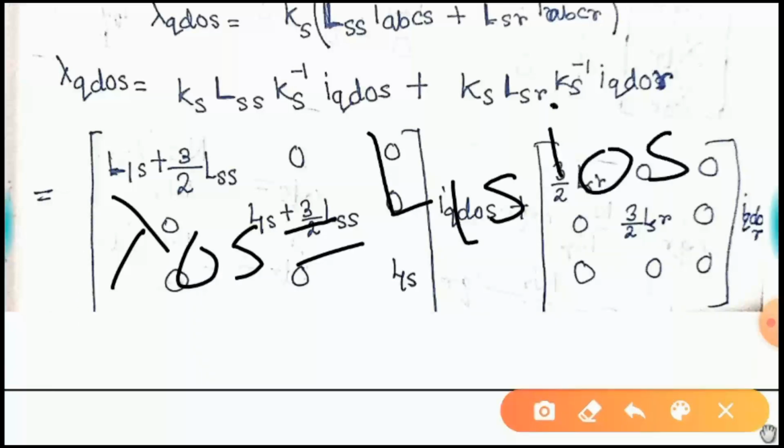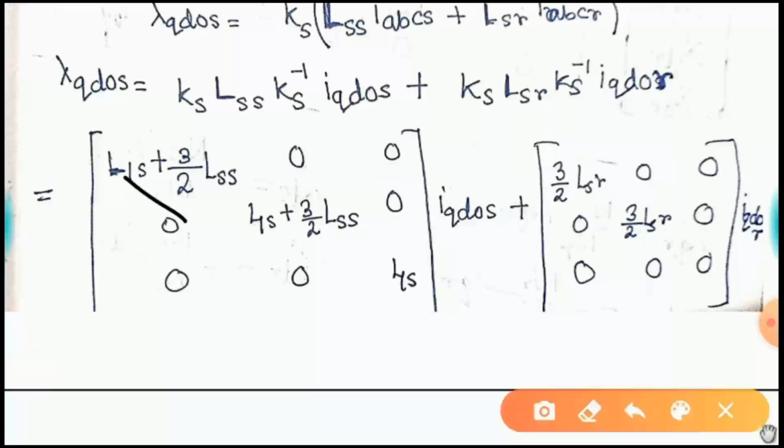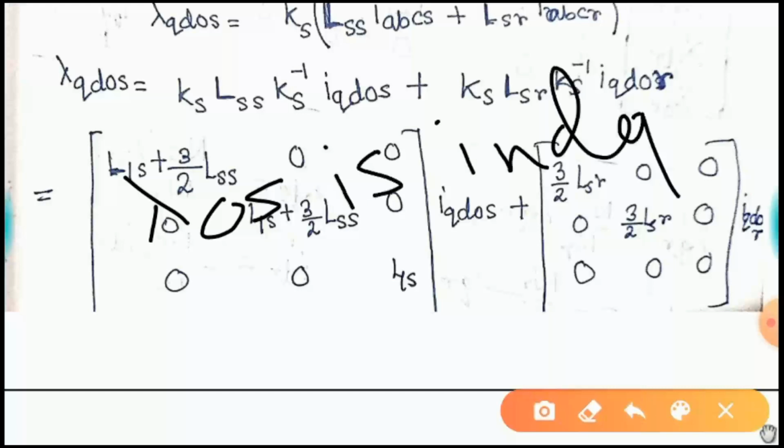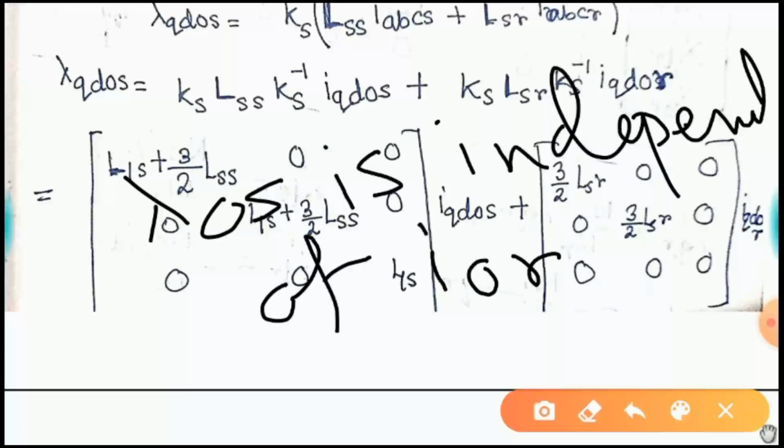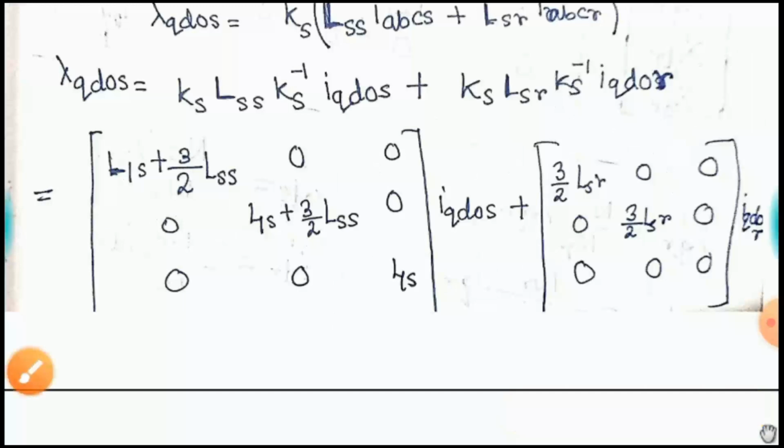It has no contribution from i naught r. Lambda naught s is independent of i naught r.